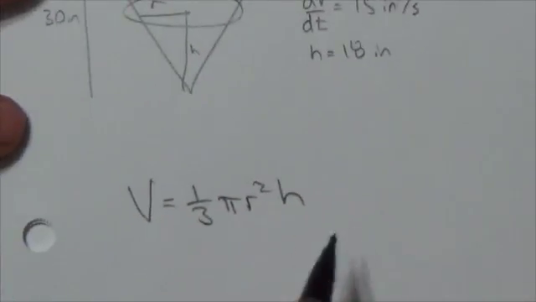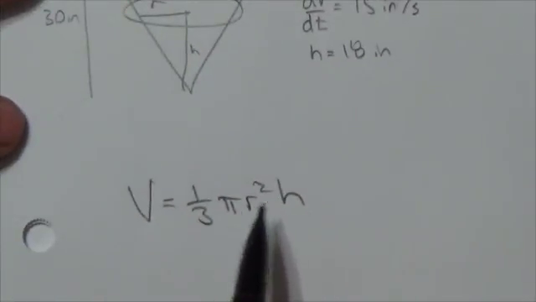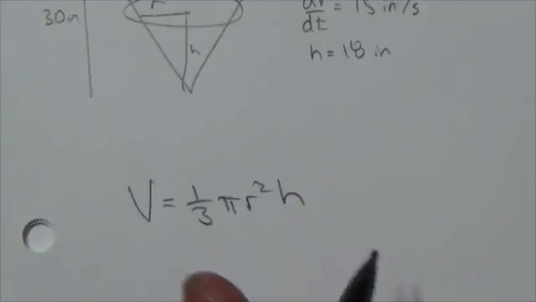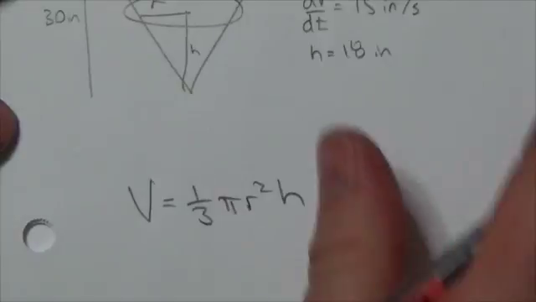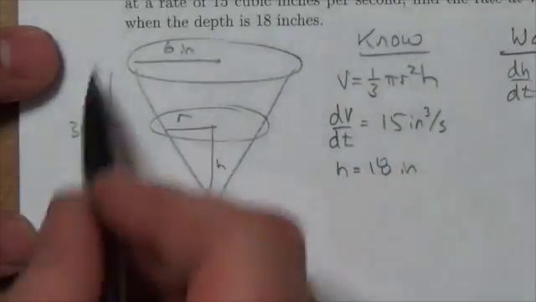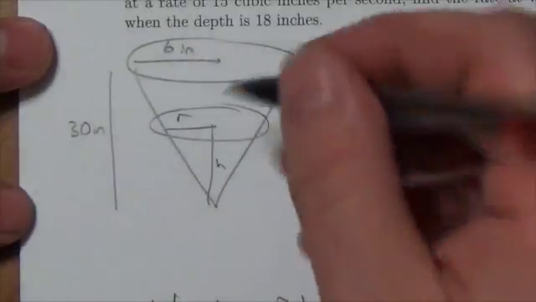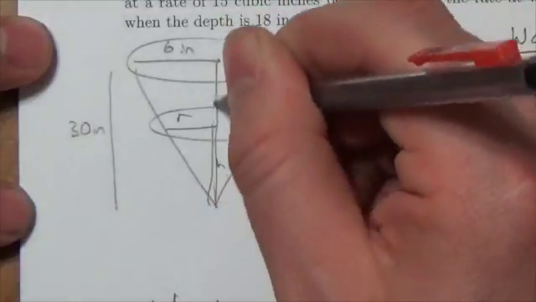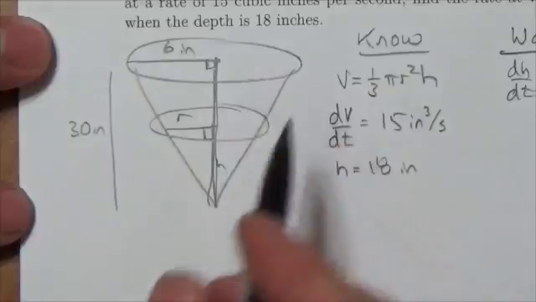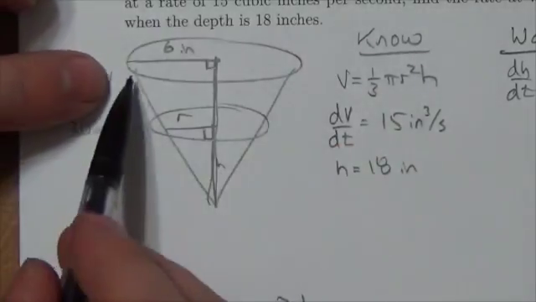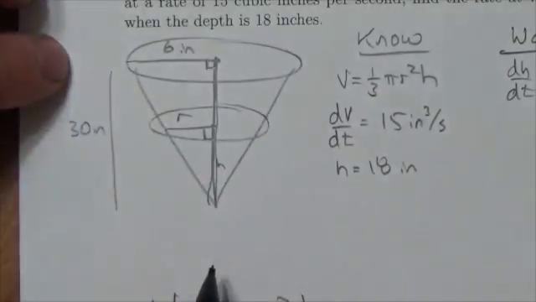So what I need to do is come up with some sort of relationship between r and h so I can kick out the r, one way or the other. And actually, that comes from the diagram right here. When I draw this line straight down here, what I end up with are two similar right angle triangles.